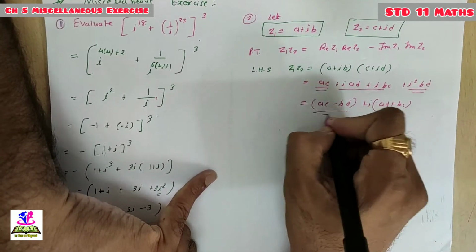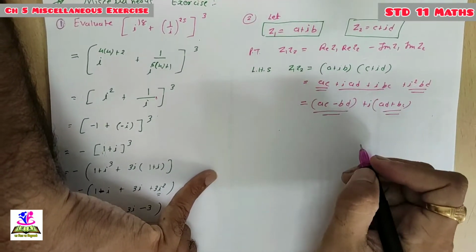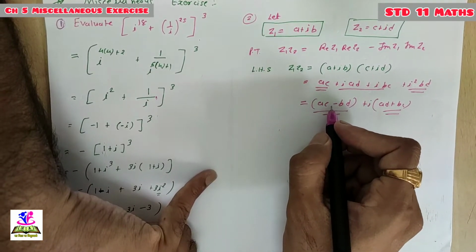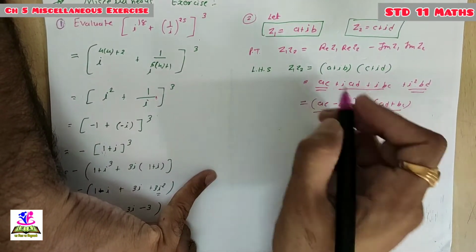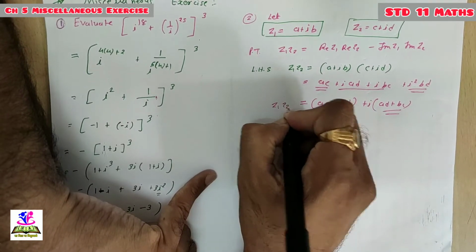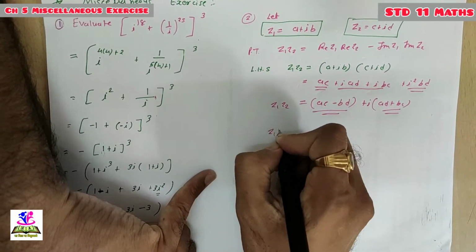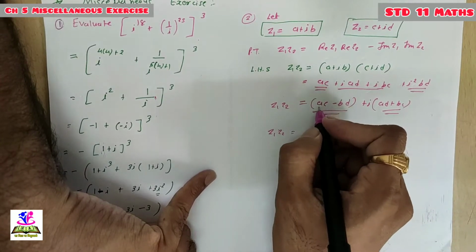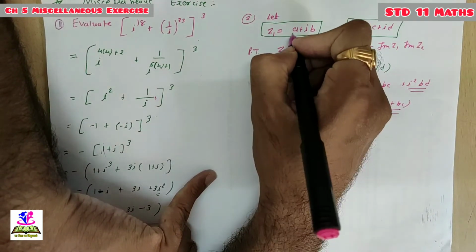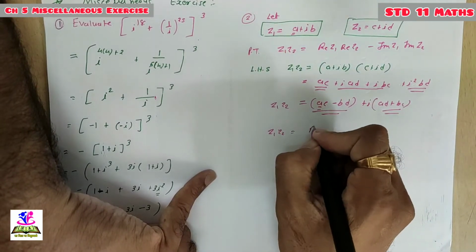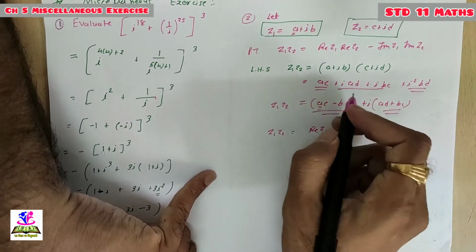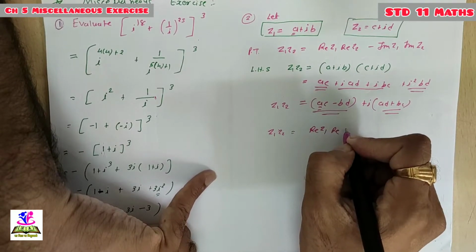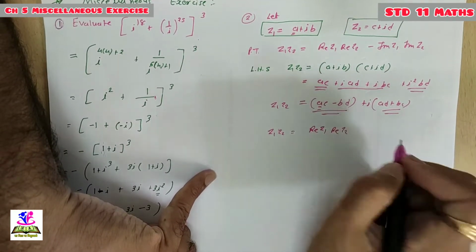So this is the real part, this is the imaginary part. So the real part of this z1 z2, what is the real part? ac. Now what is a? a is the real part of z1, real z1. c is real z2.